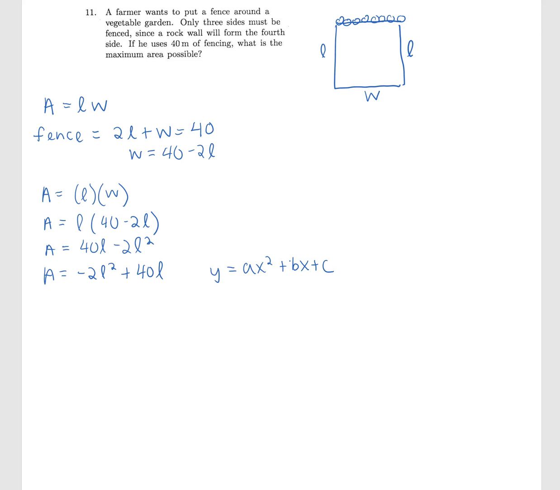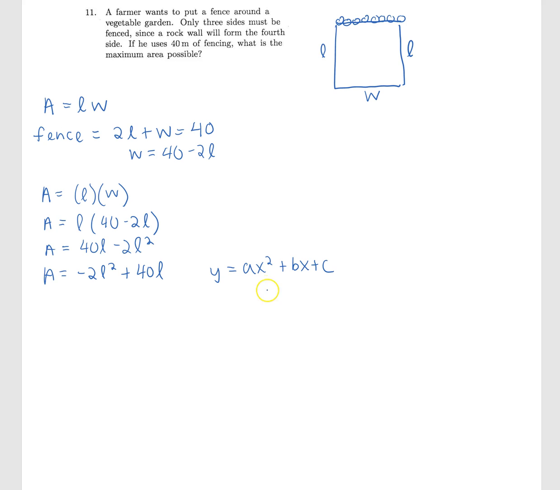And what we want to do is find what maximum area we get for a value of L, and what the value of L is at this maximum area. And essentially what we want to do for this function is figure out where its vertex is, because that's going to be the maximum of this function. And it's a little bit hard to see the vertex when the function's in this form.